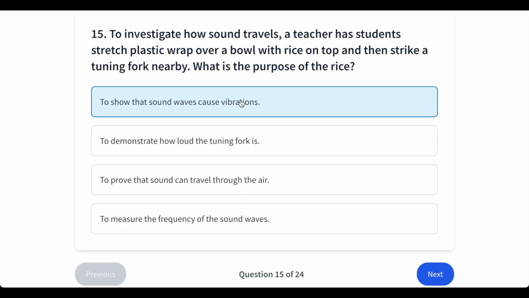I like option A, to show that sound waves cause vibration, because the rice provides visual evidence that the sound, which is invisible, the sound waves, are making the plastic wrap vibrate.